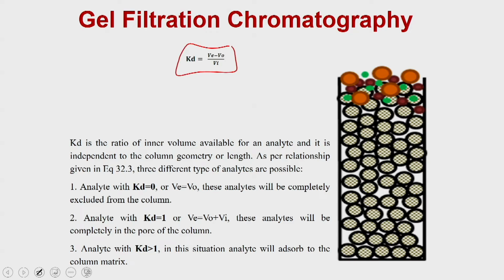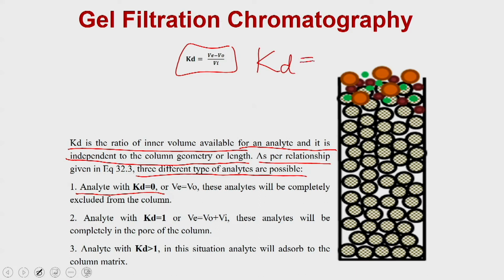Okay. So, Kd is the ratio of inner volume available for an analyte, and it is independent of the column geometry or the length. As per the relationship, 3 different types of analytes are possible in a gel filtration column. Now, imagine that you have an analyte which has Kd equal to 0.